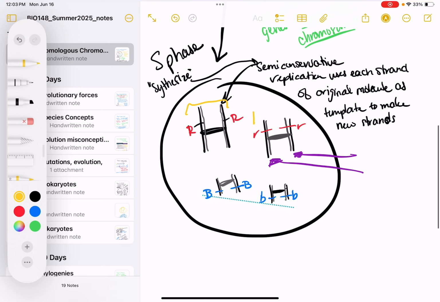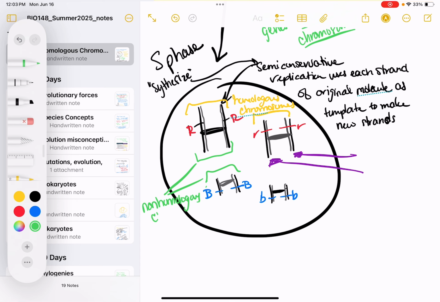So this one and this one, these are still homologous chromosomes. The chromosomes are replicated now, okay, but they're still homologous to each other. And then I also have my non-homologous chromosomes. And I have some additional things now too.